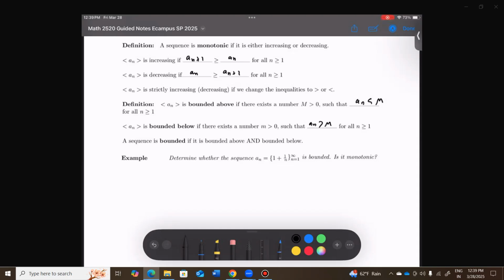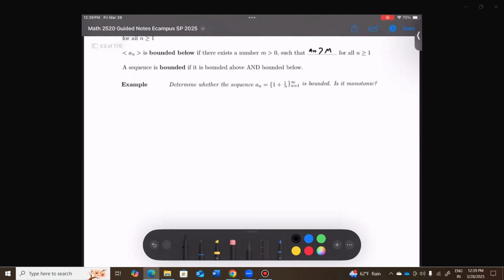A sequence is bounded if it is bounded above and bounded below. So it could be bounded below and still increase and not be bounded. It could be bounded above but still decrease and not be bounded. So it has to be bounded both directions to be bounded in general.